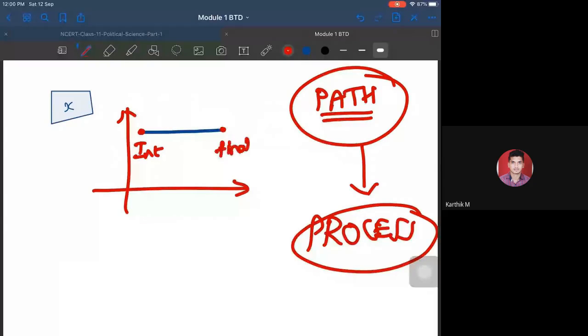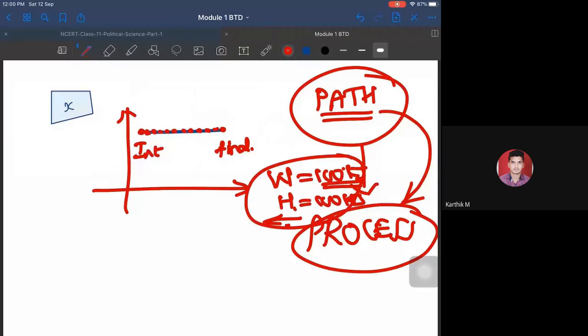During the energy interaction, during the changeover from initial to final, it has interacted with the surroundings through work and heat: so and so 100 kilojoules of work is given out and 100 kilojoules of heat has been taken in. If I specify all those things, then your path will become a process.